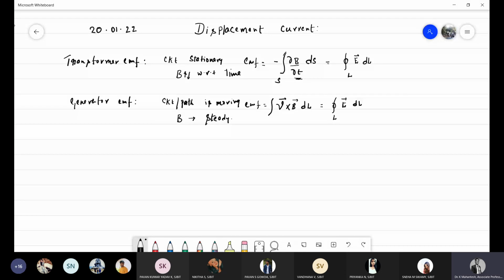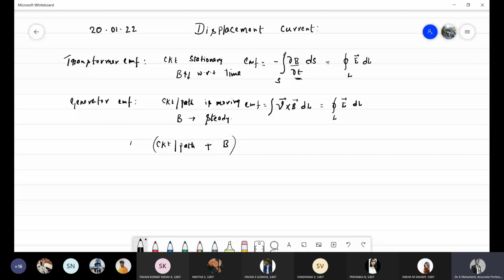And finally, what if we consider the situation where both the circuit or path plus the magnetic field, both are moving?